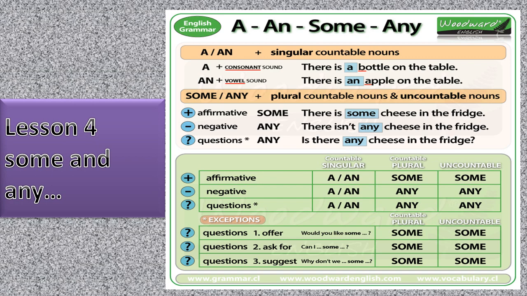And we use an with vowel sounds. Do you remember our vowels? A, E, I, O, U. For example, there is an apple on the table. So a with the consonant and an with the vowel, we use them with singular countable nouns.